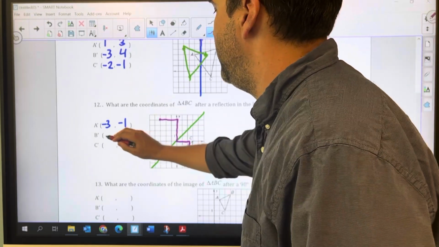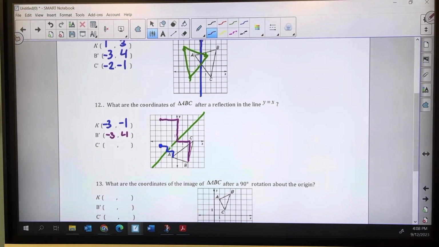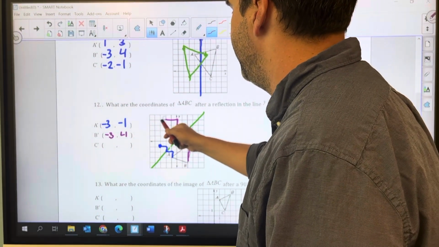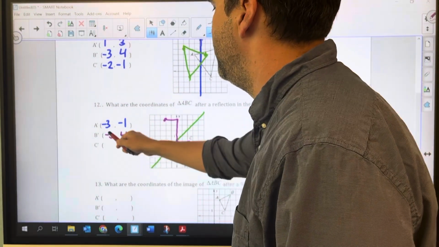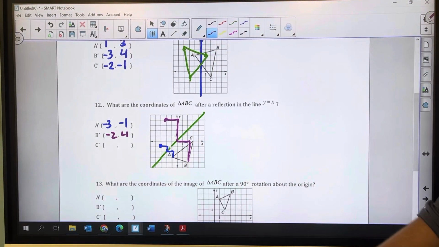So that would be negative 3 comma 4. And did I count that correctly? Nope, sorry, I went over 3. I should have gone over 2. 1, 2, yep. Over 2. That's negative 2. There we go.